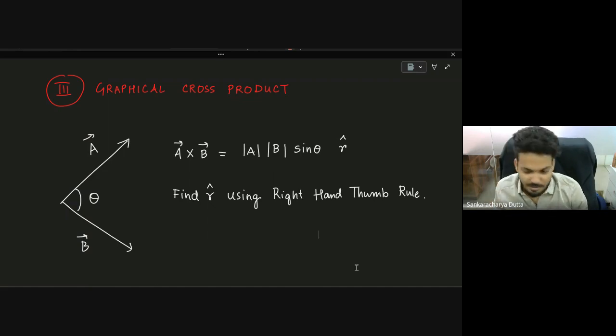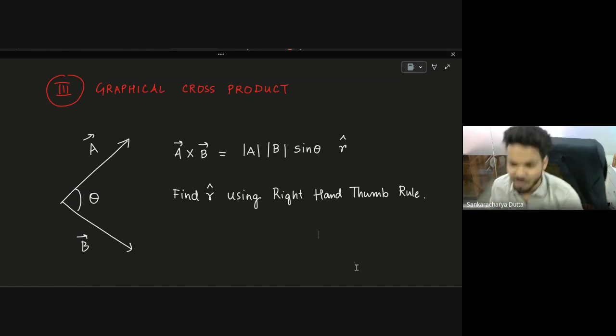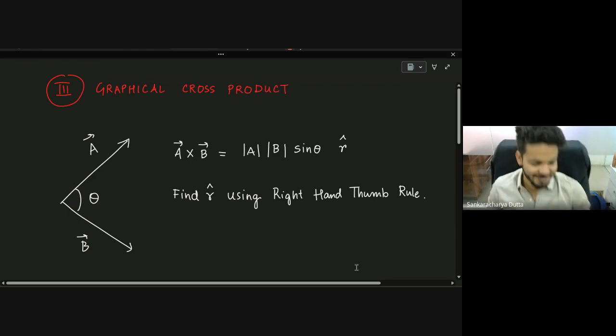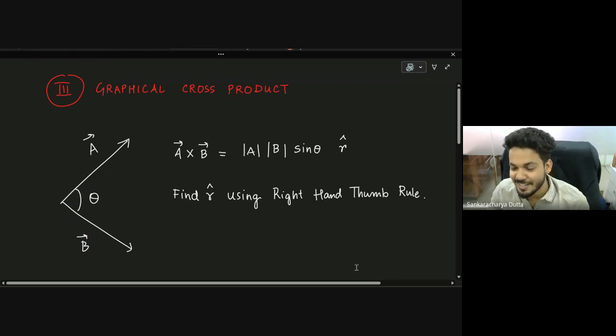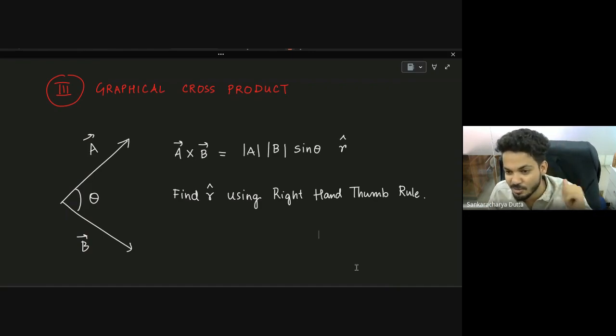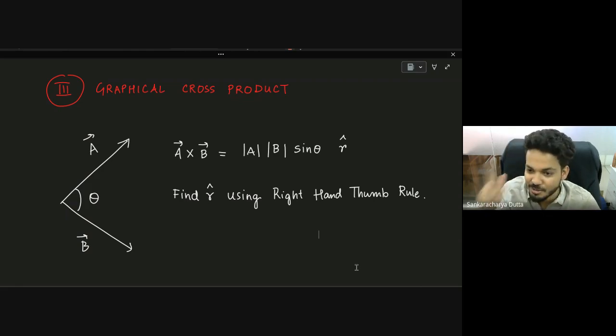Do not involve any of your other limbs other than your right hand thumb rule. Lefty people, be very careful. Your dominant hand being the left hand, you'll try to do this using your left hand. Try to stop it. This rule will only be valid if you're using your right hand.